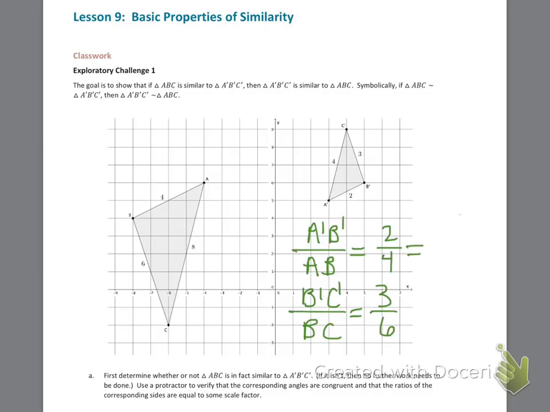Okay, so both of these ratios are equal to 1/2. And if we check the last one, it would be A prime C prime and AC, and that one would be 4 and AC would be 8. So all three pairs of corresponding side lengths are in a ratio of 1 to 2. So these triangles do appear to be similar.